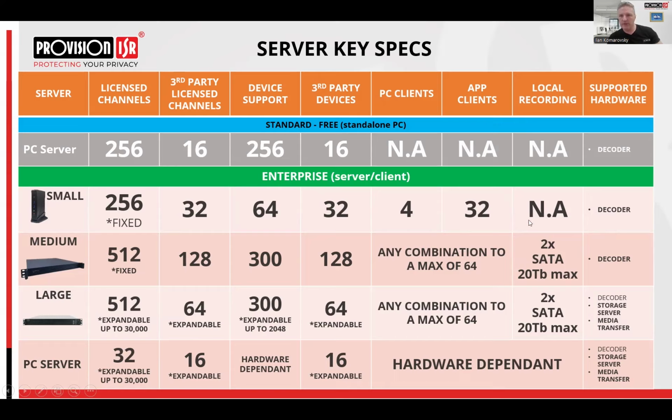But the small server has no storage option at all. The medium one and the Excel big one have 2 SATA bays, so you can connect 2 hard drives of 10 terabytes and get up to 10 terabytes total storage. So this could be not only a management server, but partially a storage server, so you will have some channels recorded locally.